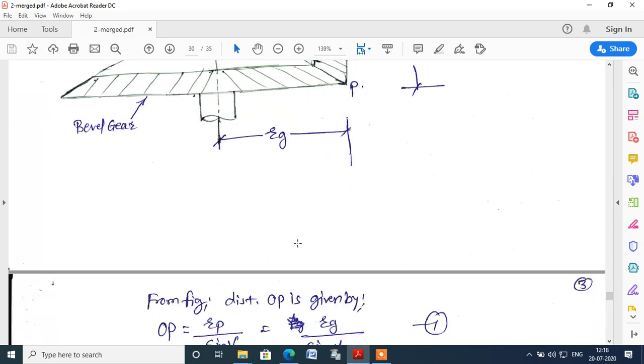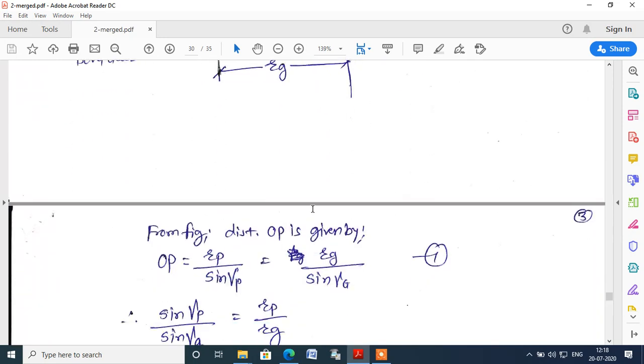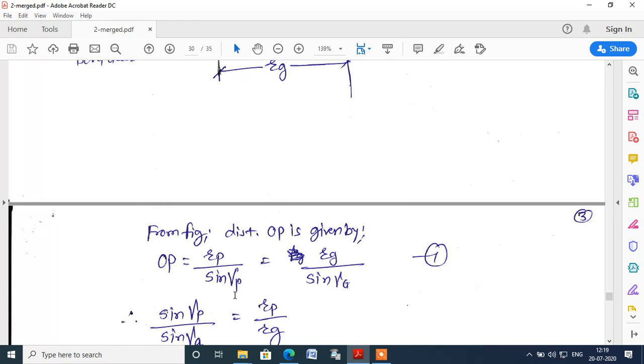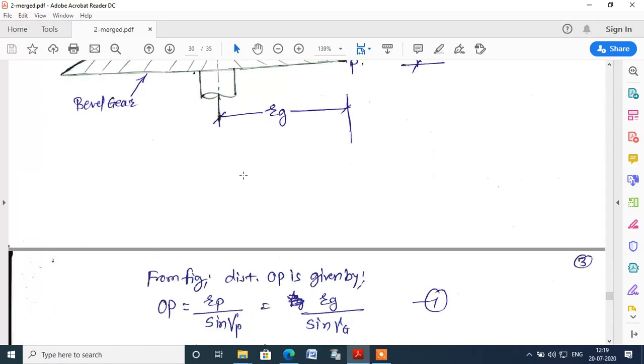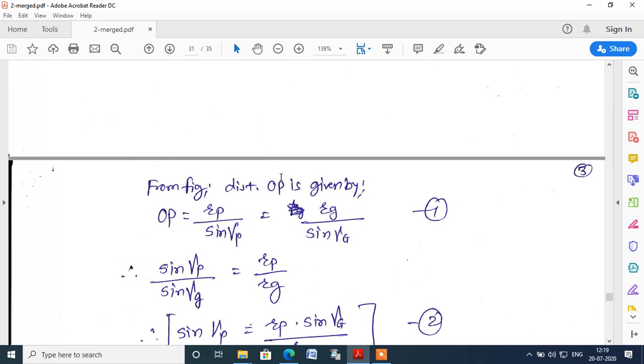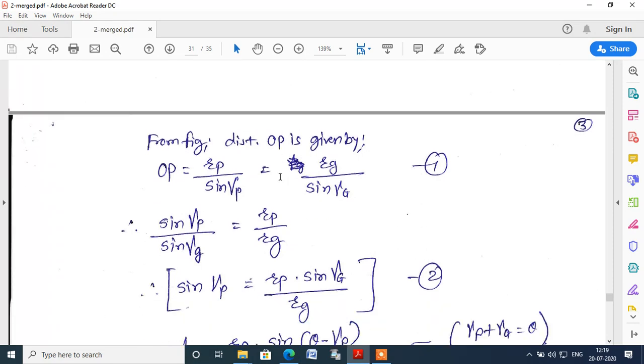So from the figure, the distance OP is given by OP equal to RP upon sin gamma P. If you consider the second triangle, OP is nothing but RG upon sin gamma G. Equation number 1. Therefore, sin gamma P upon sin gamma G is equal to RP upon RG.